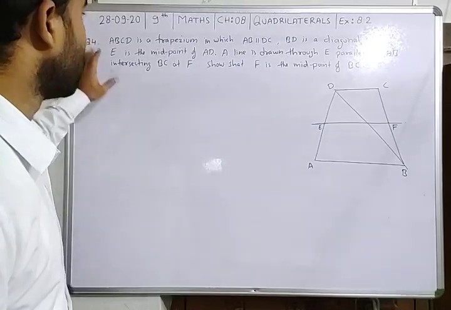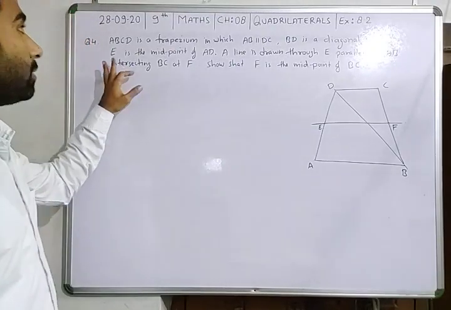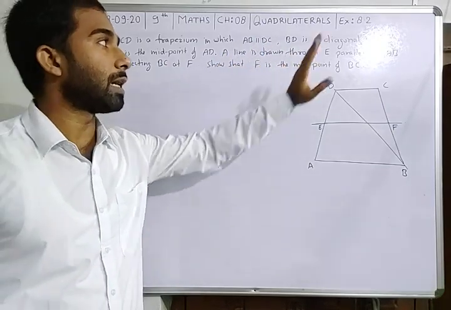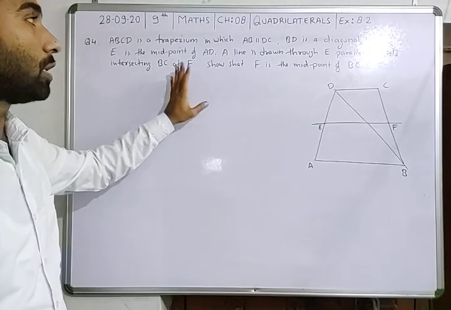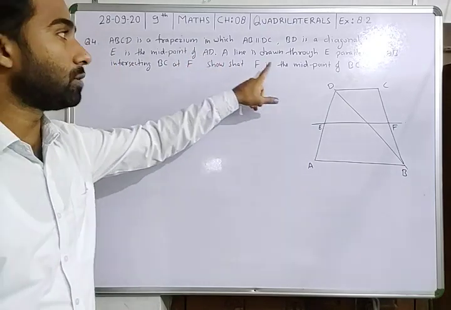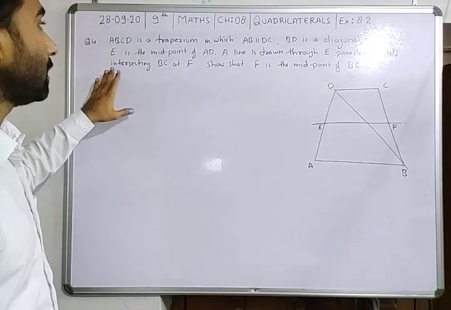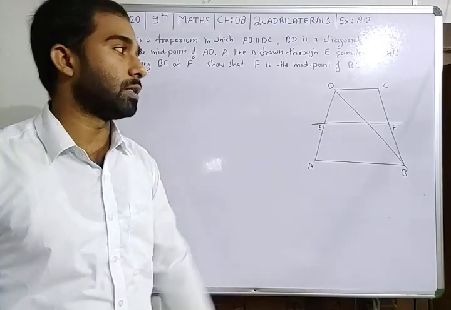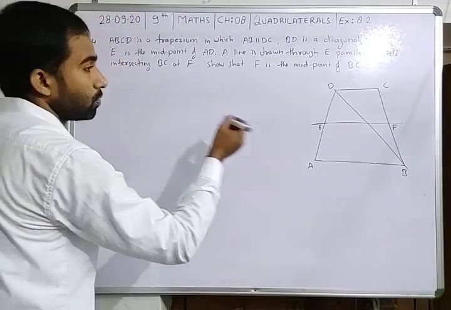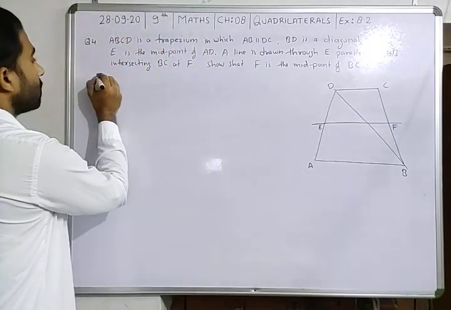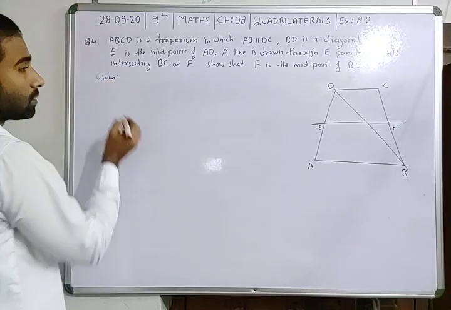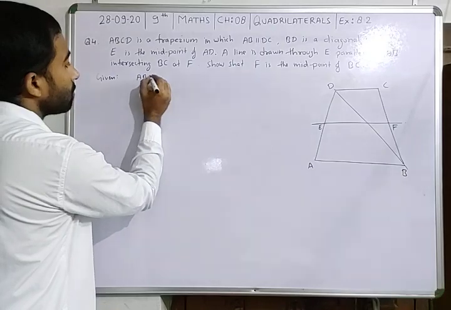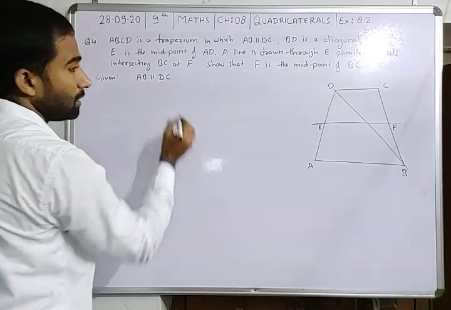Now this is question number 4. Question number 4 says ABCD is a trapezium in which AB is parallel to DC, BD is a diagonal, and E is the midpoint of AD. A line is drawn through E parallel to AB intersecting BC at F. Show that F is the midpoint of BC. So here we can write the given things. AB is parallel to DC.